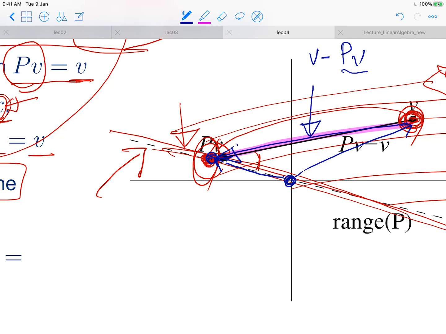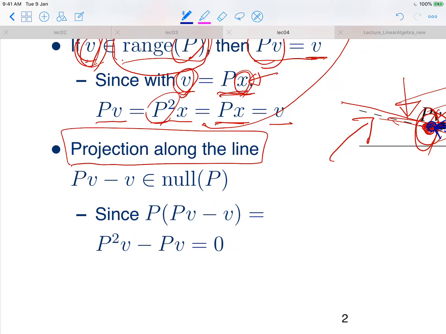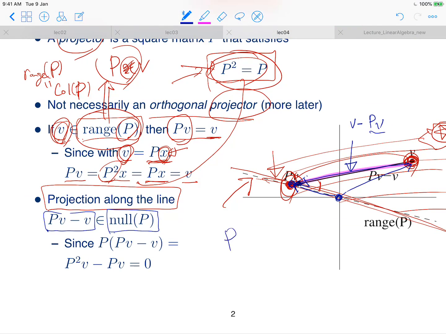So that component of v minus Pv represents the direction of our light, the projection line. More interestingly, this part is inside of the null space of P, which means that P times (Pv minus v) should be equal to 0, because the null space definition is Px equals 0. Right?